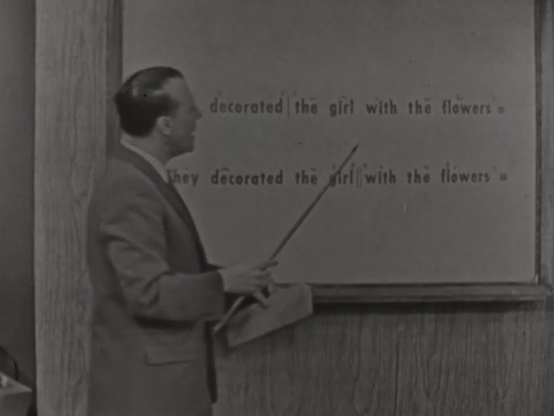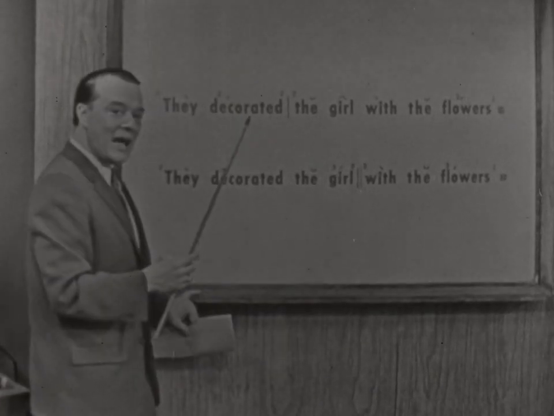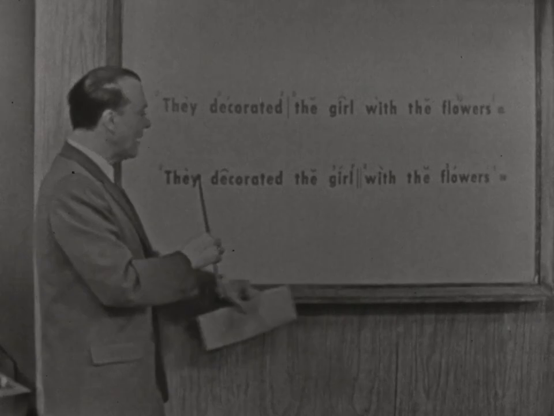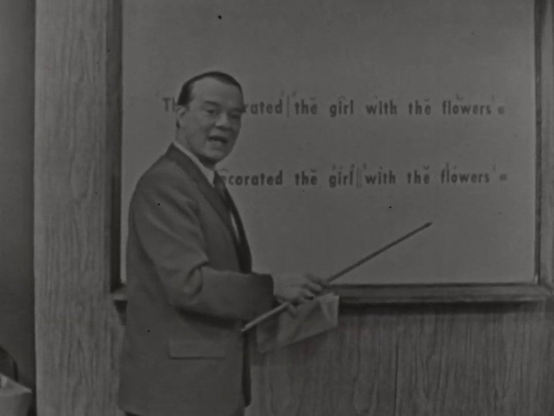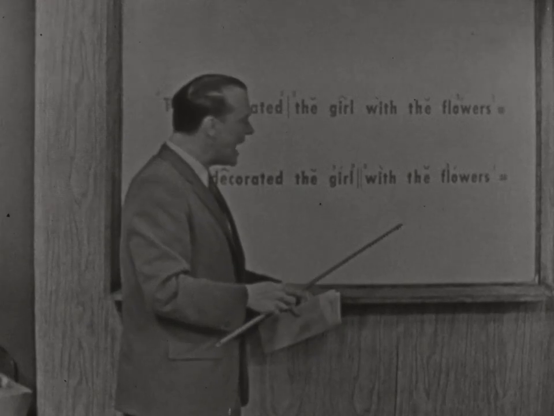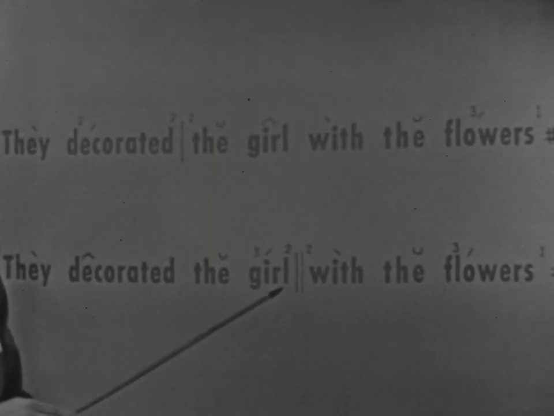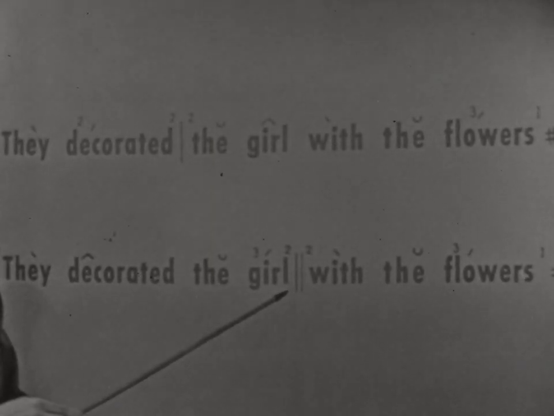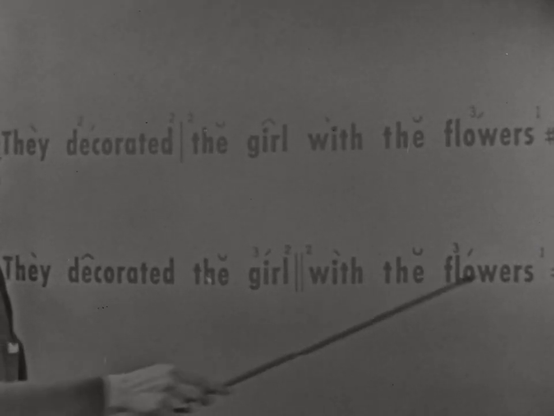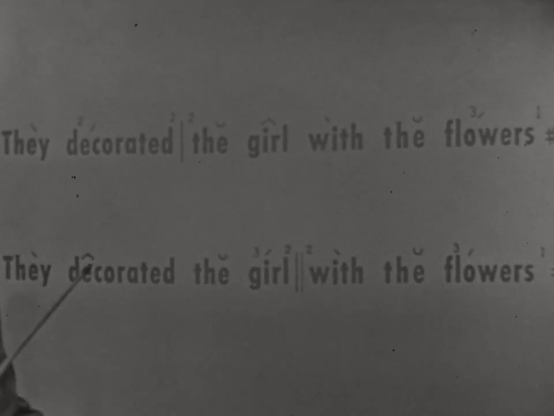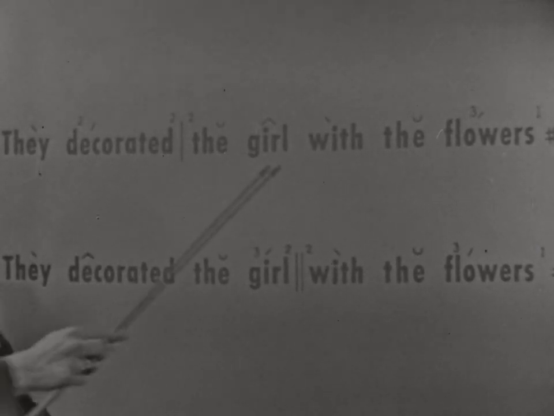All right, now, when I say, in contrast to this, "They decorated the girl | with the flowers," what have I said? I've said something quite different. I have said that at this point, I have ended the actual direct object, and that this particular item now, with the flowers, is in quite a different relationship than before. What did it mean up here?